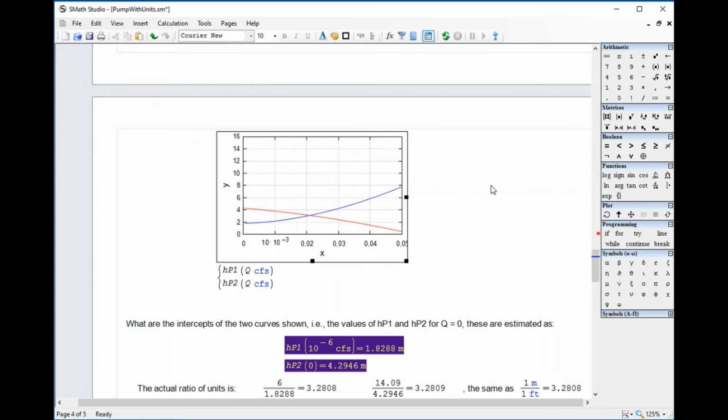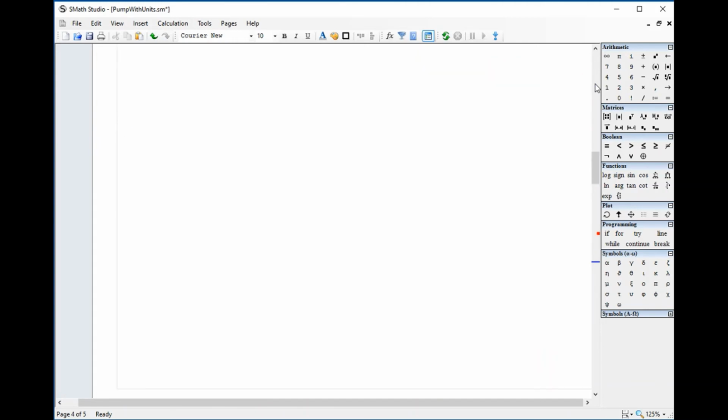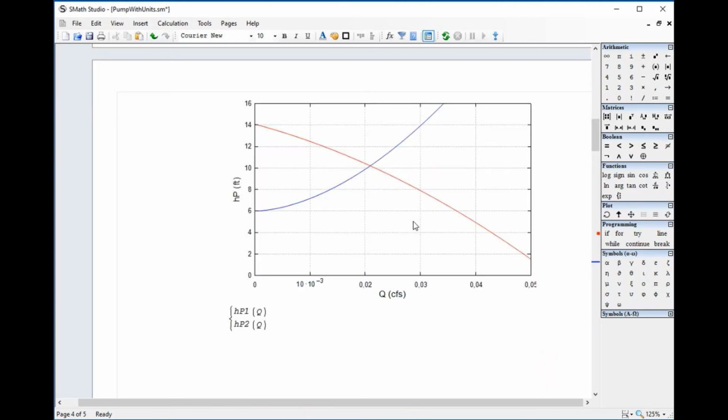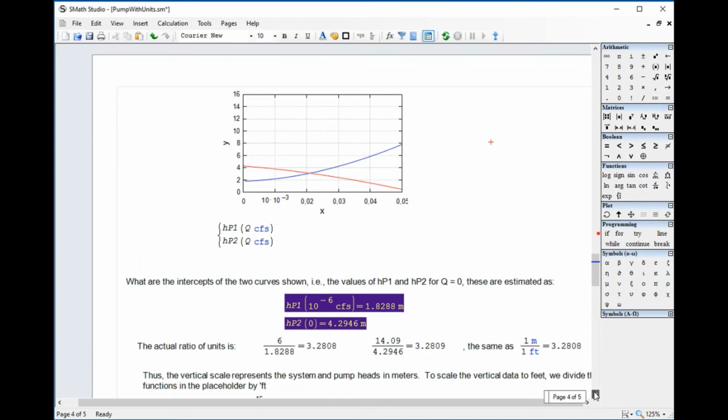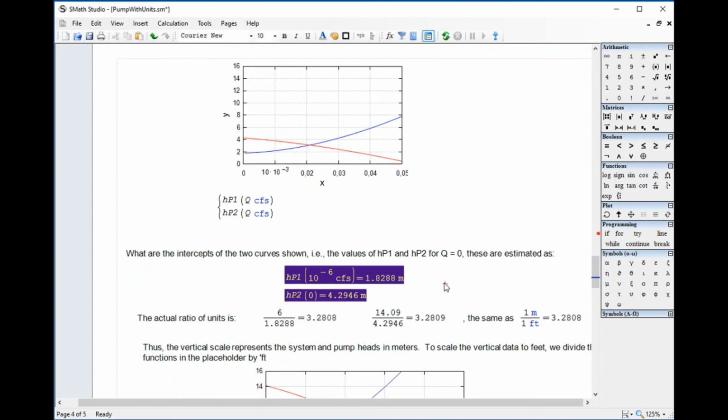But what we're seeing here is that the intercepts of HP1 and HP2 are not near the intercepts of 6 and 14 that we had before. What's going on? Well, let's check this. Let's calculate the heads for Q near 0, just to get our intercepts. I use 10 to the minus 6 here because if I try HP1 of 0 CFS, it gives me a division by 0.